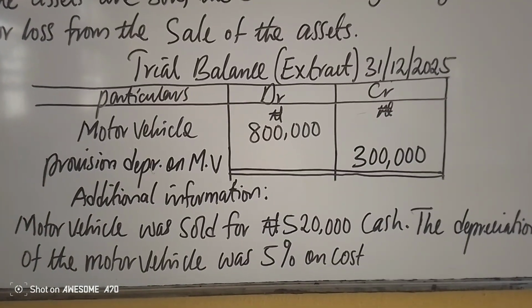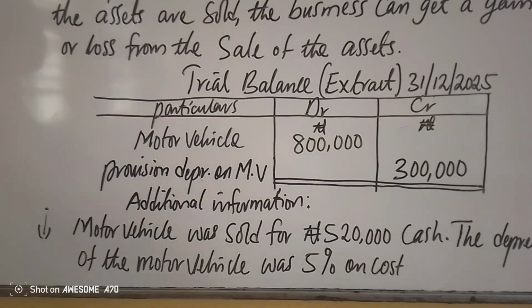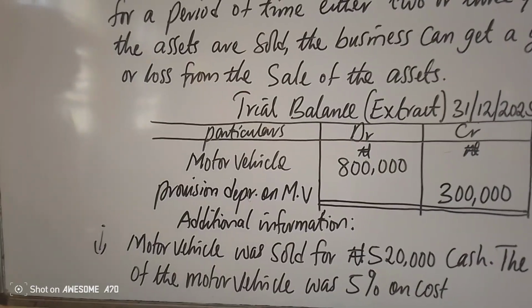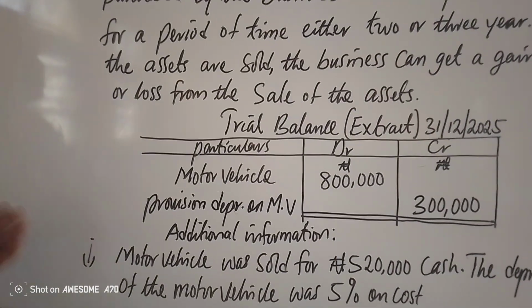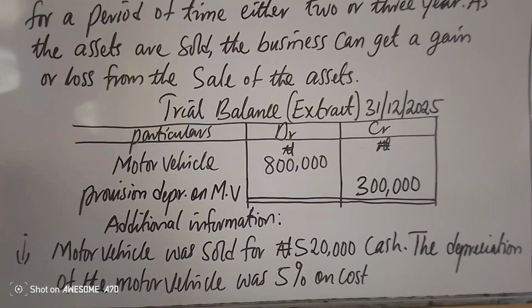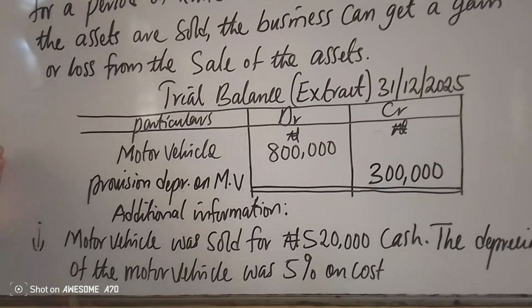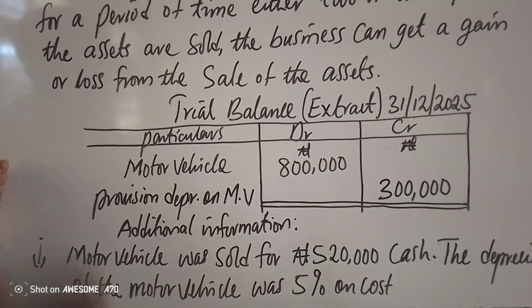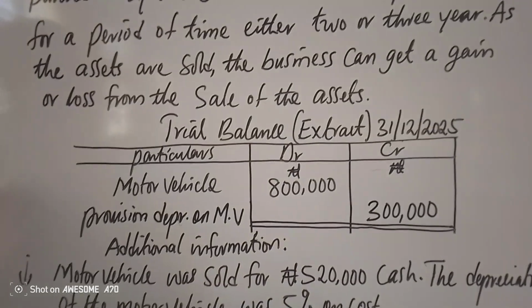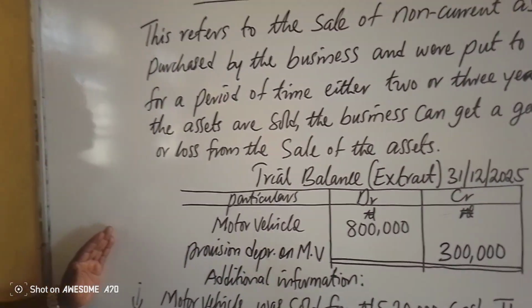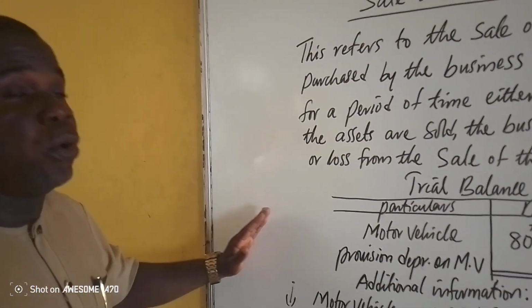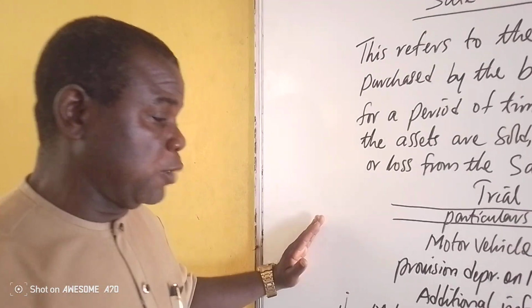With this, you have to determine whether the motor vehicle is sold at a gain or at a loss. And mind you, if it is sold at a gain, the gain is added to gross profit. It is treated under other income. Profit on sale of non-current assets is treated under other what? Income, as I explained the other time.